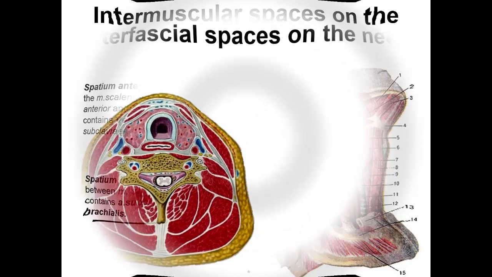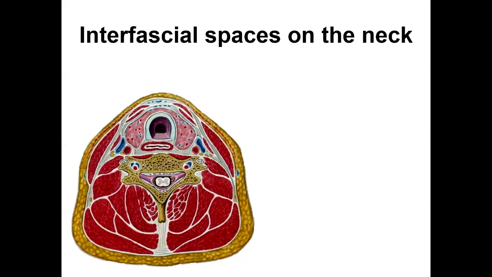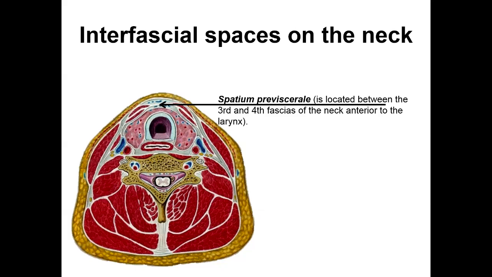Now let's try to demonstrate interfascial spaces of the neck. First of all, this arrow. Where is it placed? It's placed between the third and fourth fascias, anterior to the larynx or trachea.